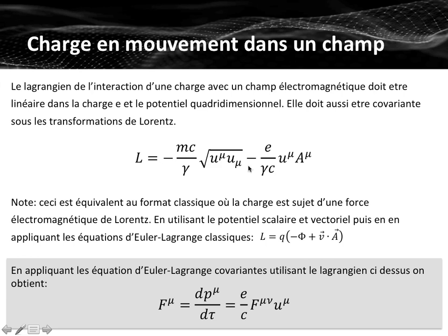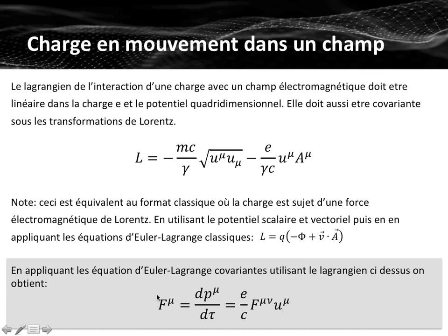Now, if you actually do the Euler-Lagrange equations in their covariant forms, so that's derivation with respect to x mu and then with respect to u mu of gamma L, you take this gamma L from this expression, do the Euler-Lagrange equations, and you will realize that this relation shows up, which is dp mu over d tau equals q over c times F mu nu u nu.